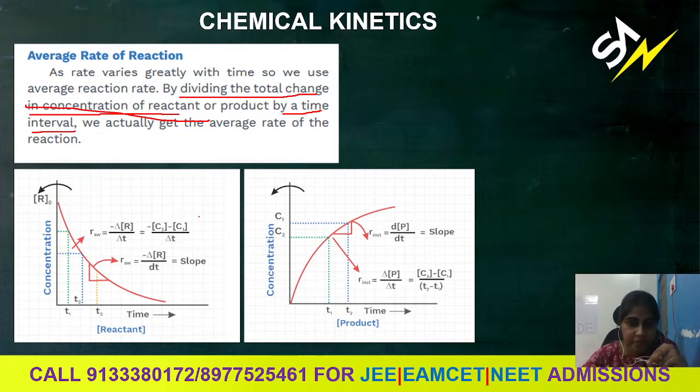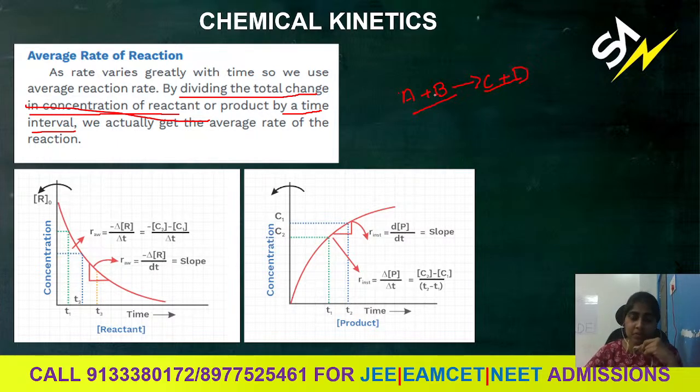In this graph it is clearly shown. Suppose I take a reaction, A plus B gives C plus D. Here A plus B are called reactants and C plus D are called products. The average rate is given by the change in the concentration of the reactants or the products.